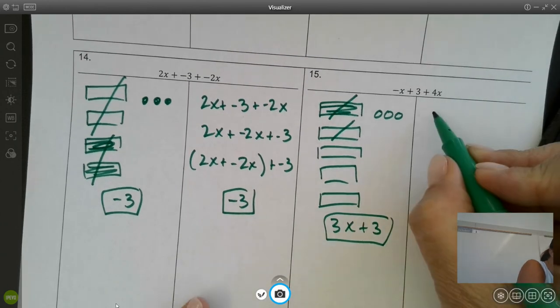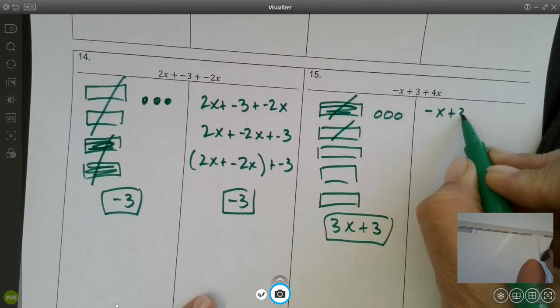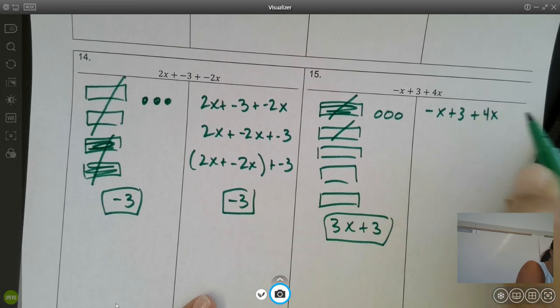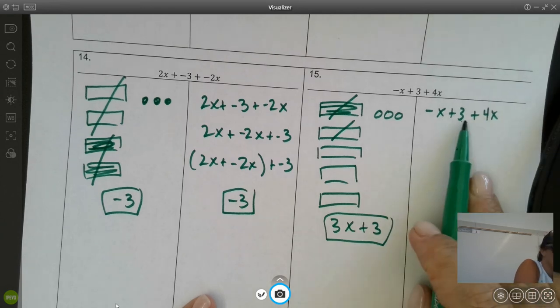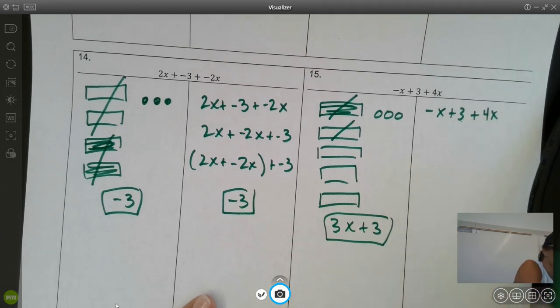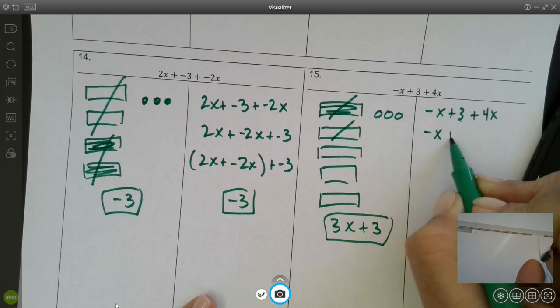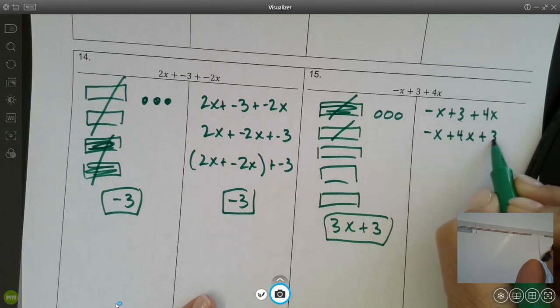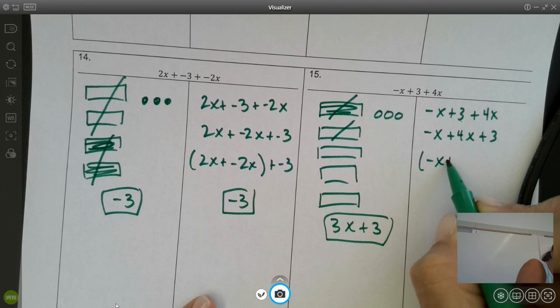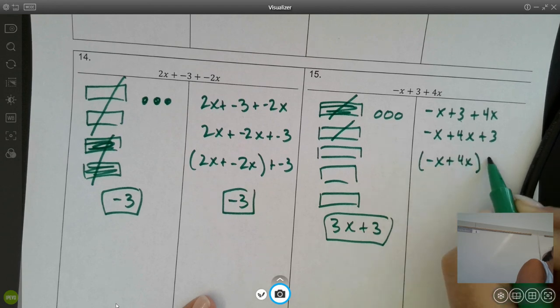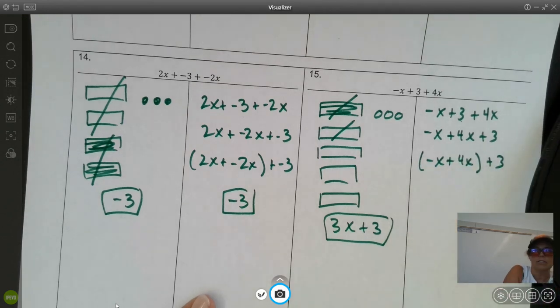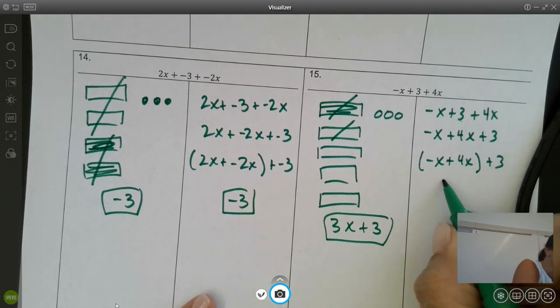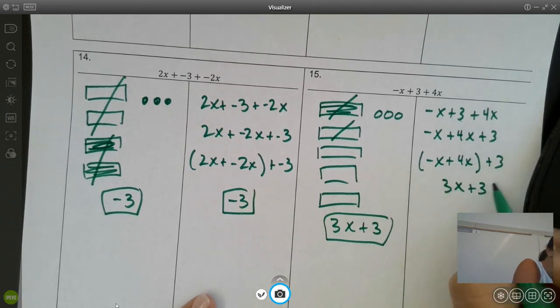Okay, now solving this step by step using our properties. I'm recopying the problem. I'm going to commute these 2. I'm going to group those 2 like terms. And if I have a negative x plus a 4x, I've got 3x plus 3.